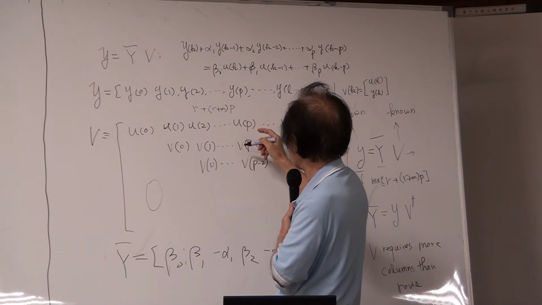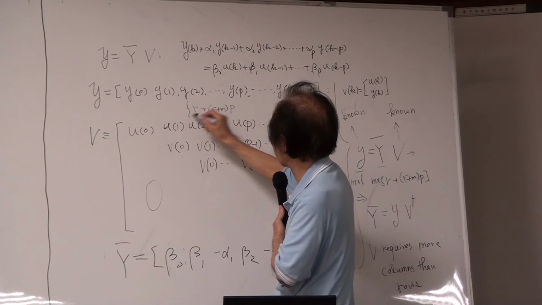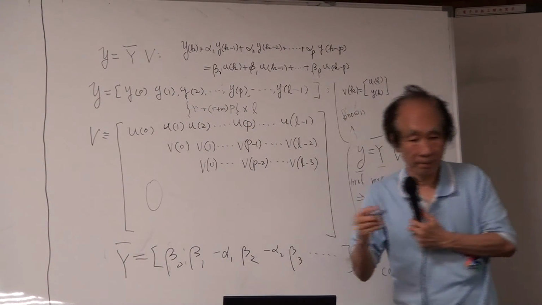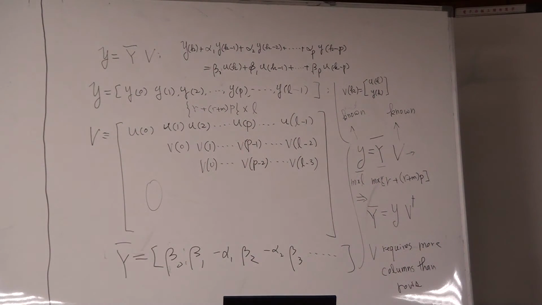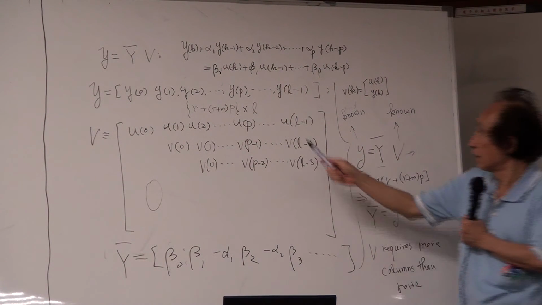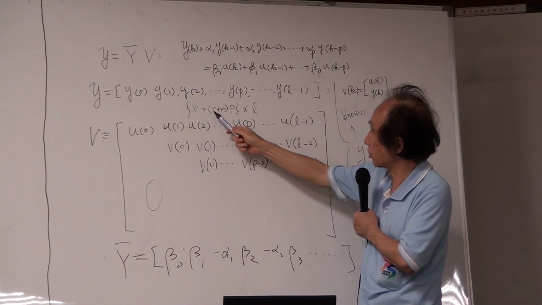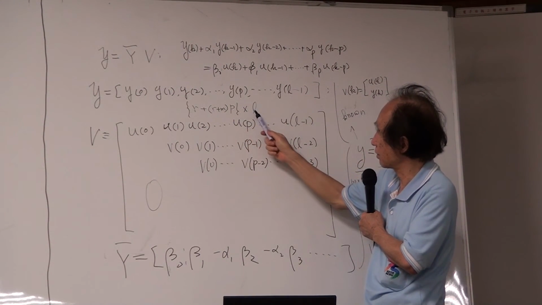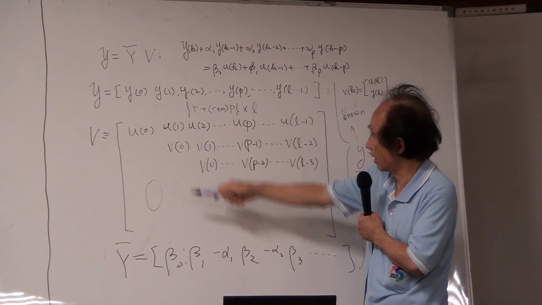I think then this is row number times L. That's true. Yeah. So that's R. Here, I'll show you. So R plus M, parentheses P times L. That's these dimensions.